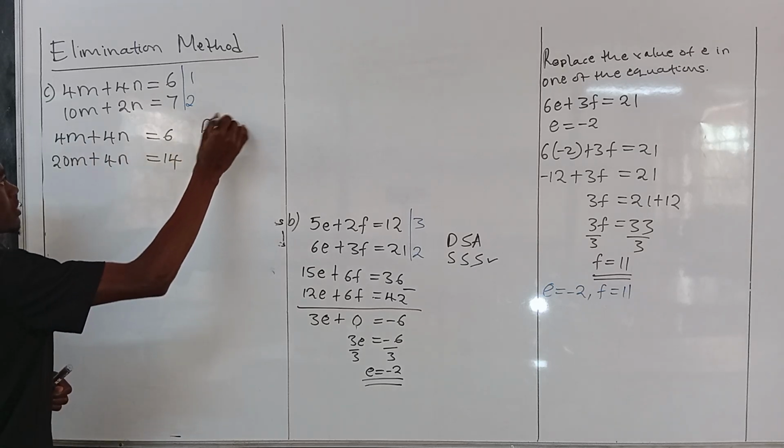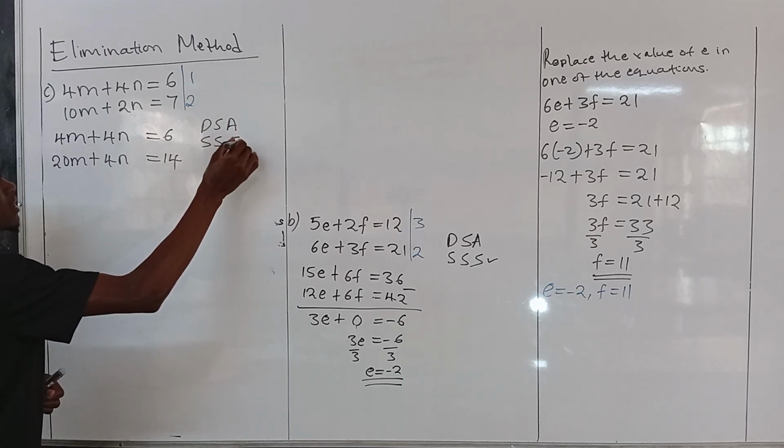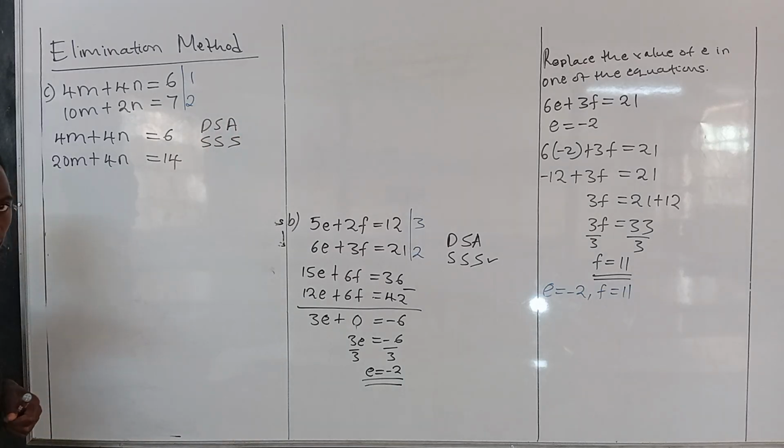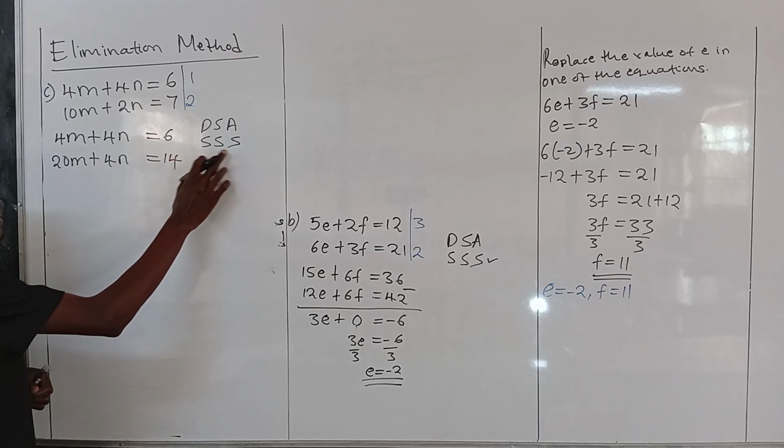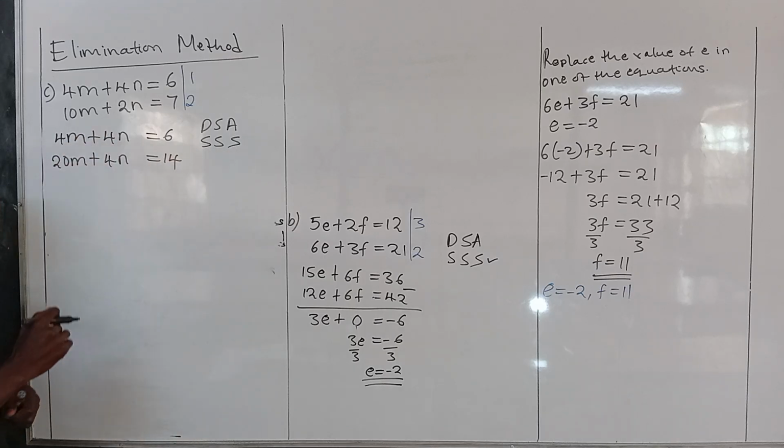So we go to DSA and SSS. Same sign subtract, different signs add. Now from there, the next thing is you check which one we are going to use. You're going to use SSS because they have positive signs before them.